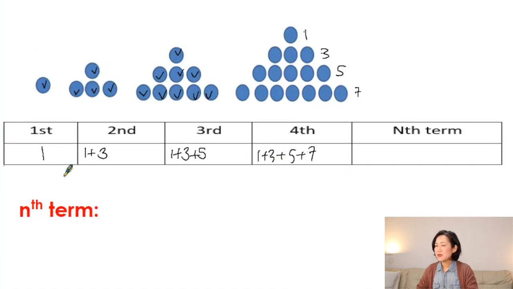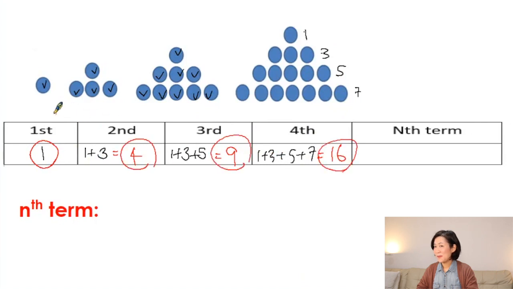Now, can you write this as an nth term? What did you notice? Let's find our pattern. Let's add up and find the sum. It's 1, 4, 9, 16. Do you remember what all of these numbers are?